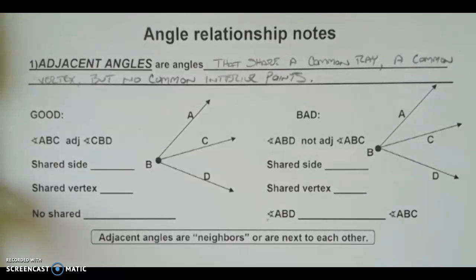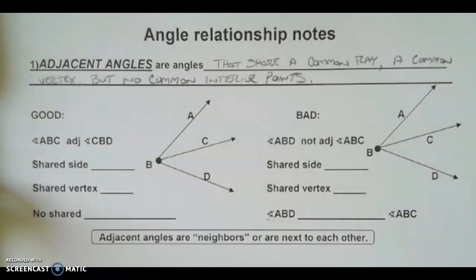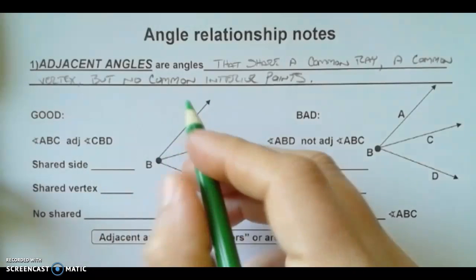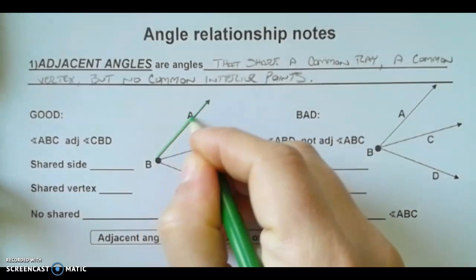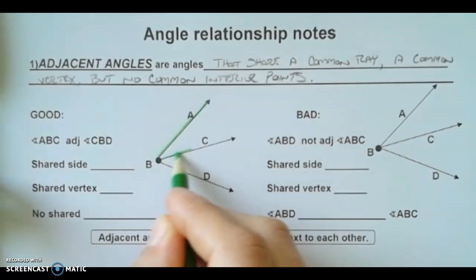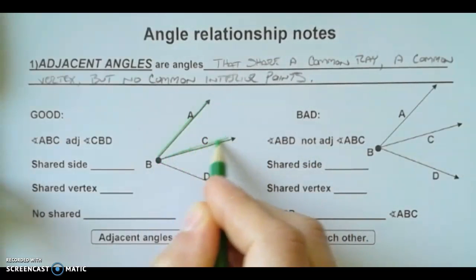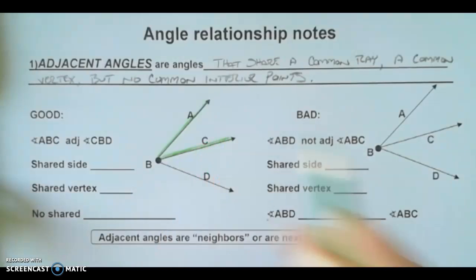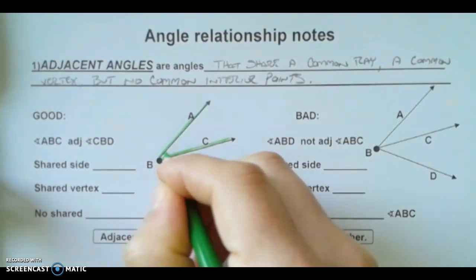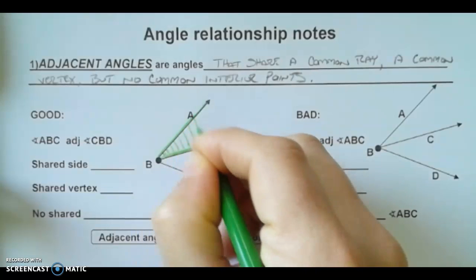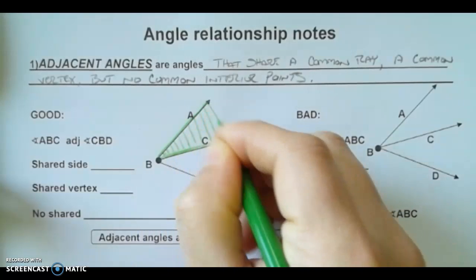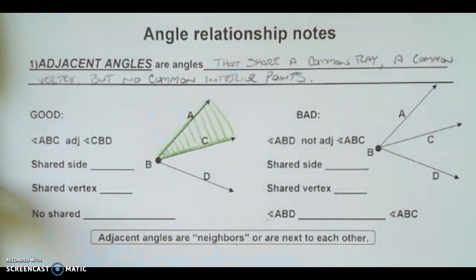I'm going to use a green colored pencil, and I'm going to trace angle ABC in green. Here's angle ABC. I'm going to shade the interior. Interior means the inside, so I'm just going to draw lines like this that represent the interior of the angle.